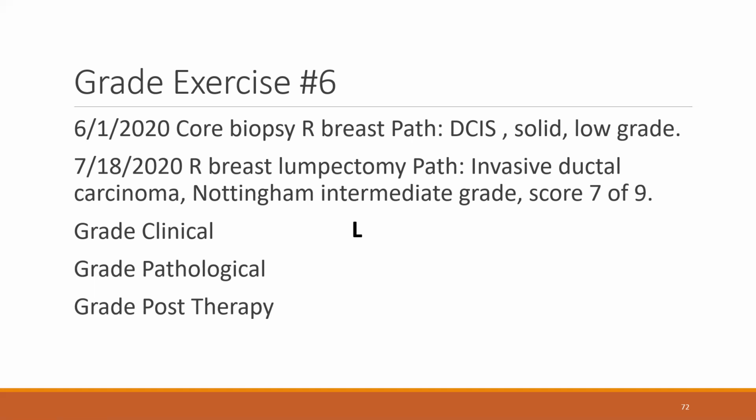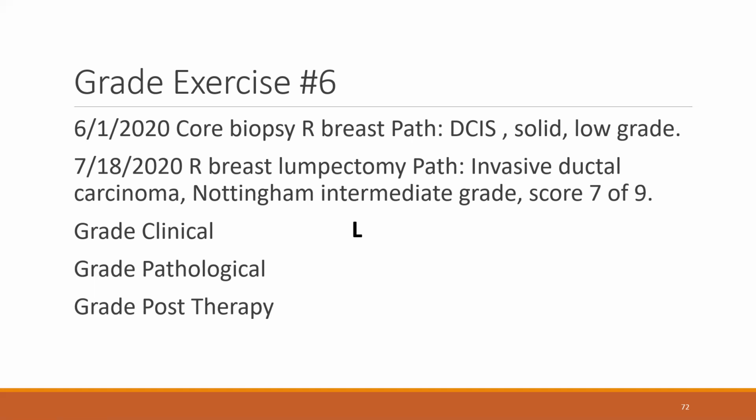And that's exactly what we have here. So the lumpectomy showed invasive ductal intermediate grade or score 7 of 9.